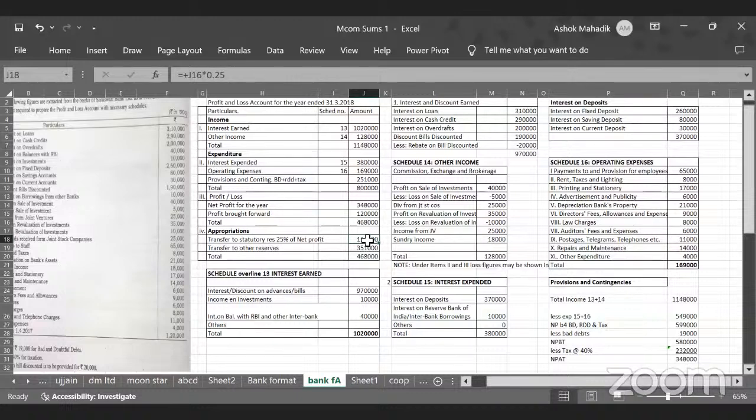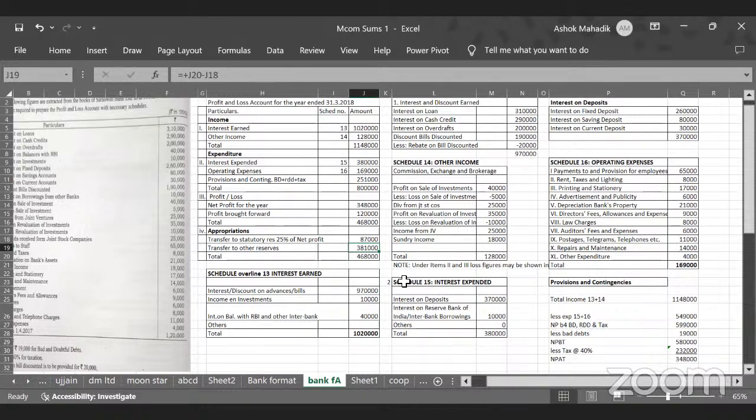By mistake I took 468. We have to take 25% on current year's profit, 348. This is current year's profit into 0.25, 87,000. Okay, that's it. I hope you have understood this.